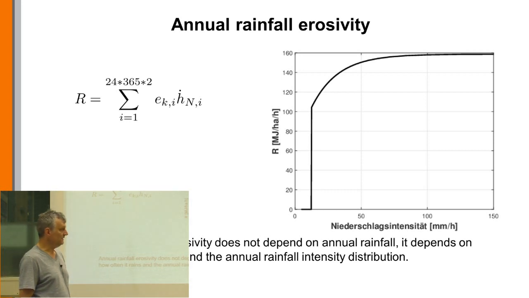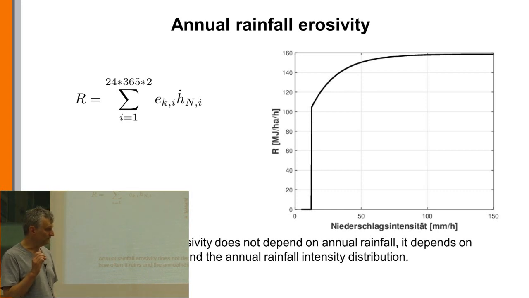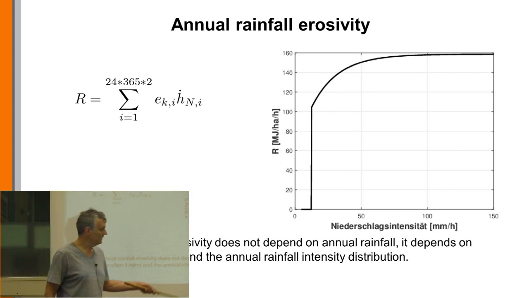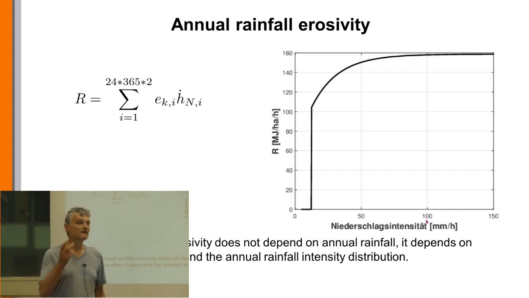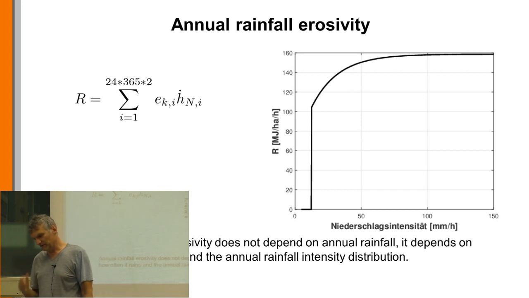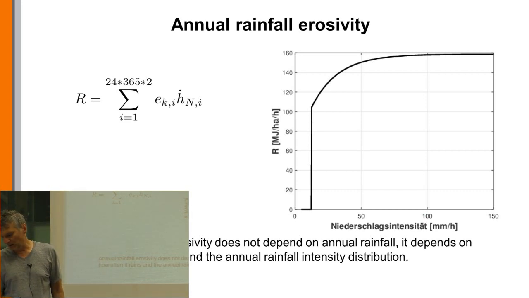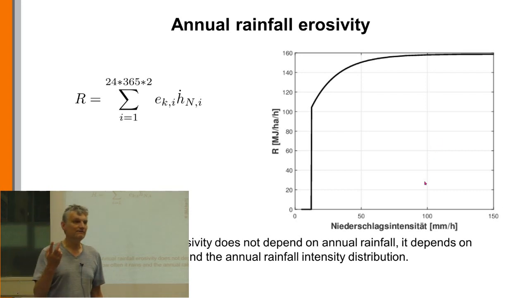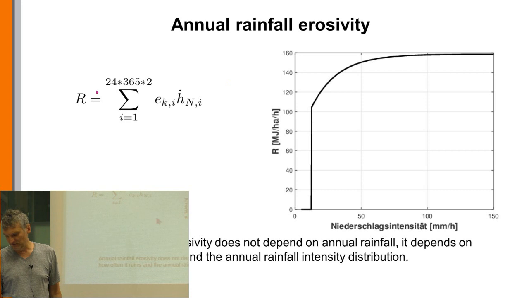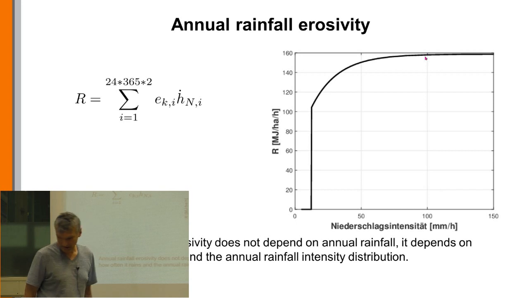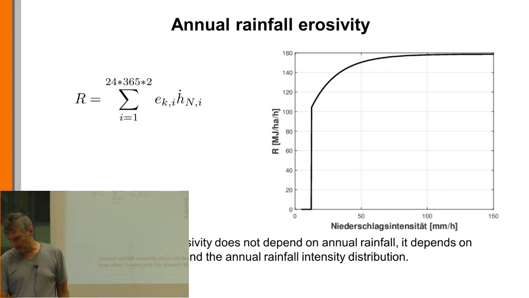When we have 5 rainfall events, super strong rainfall events of 100 millimeters per hour, so 100 millimeters per hour for 1 hour, this gives us 500 millimeters per year. So 5 rainfall events with 100 millimeters per hour. Then we would get, according to this formula, something like a rainfall factor of 160, 158 or whatever.